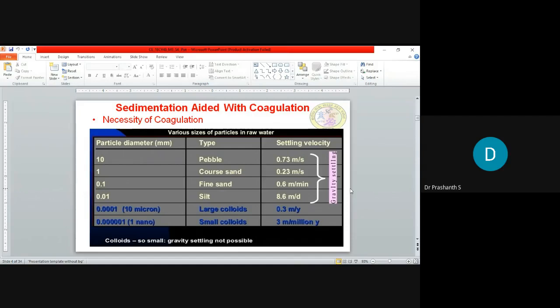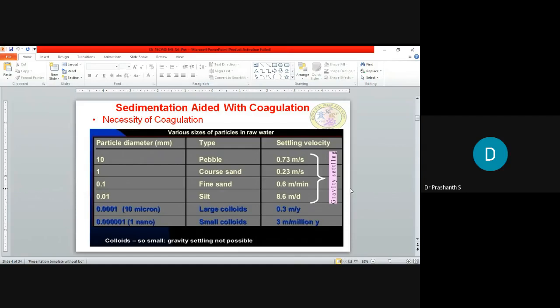But in natural water, you may find particles of size 10 micron, that is 0.00001 mm, and 1 nano, that is 0.000001. These particles are called colloids or colloidal particles, large and small colloidal particles.